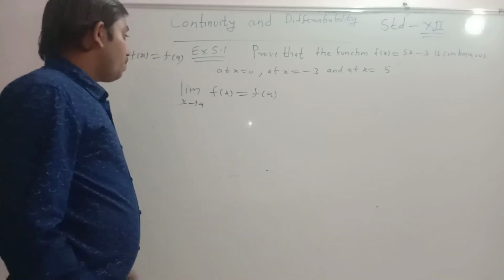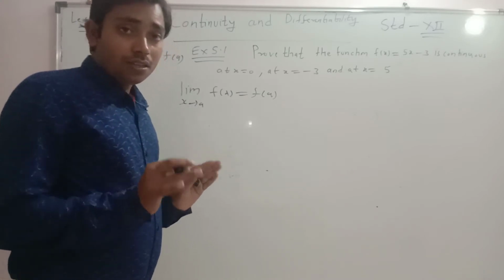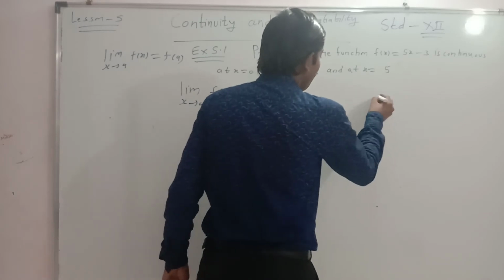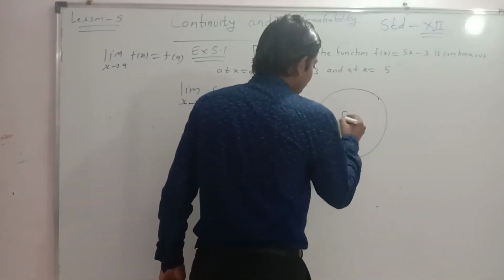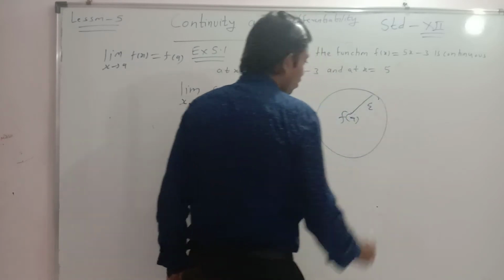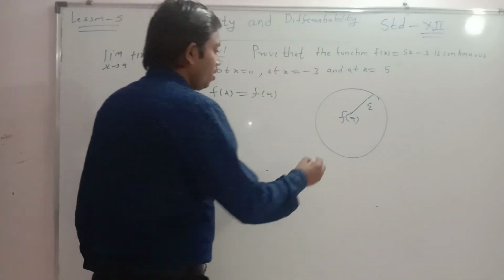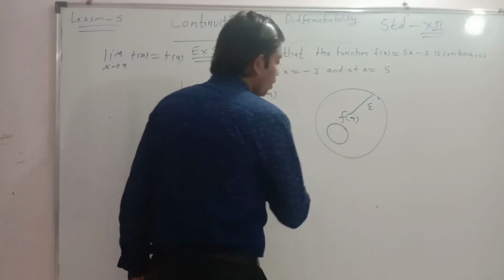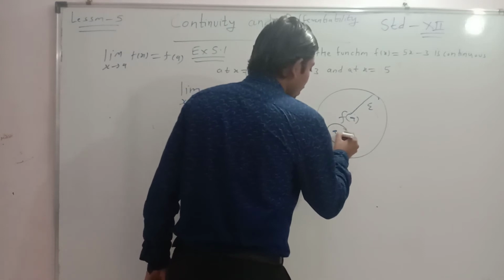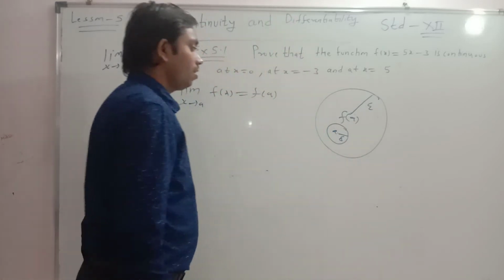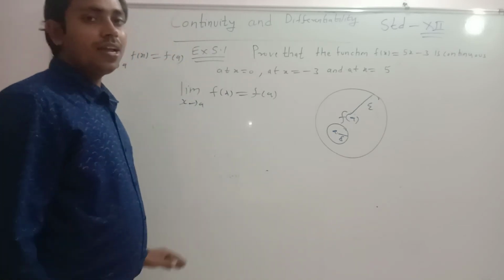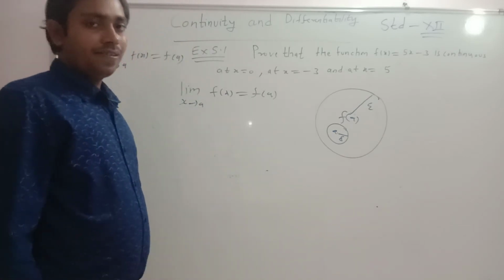What is the limit? If I talk in topological space, if there is a sphere with center f of a and radius epsilon that contains another sphere with center a and radius del, then it is said that the limit exists.